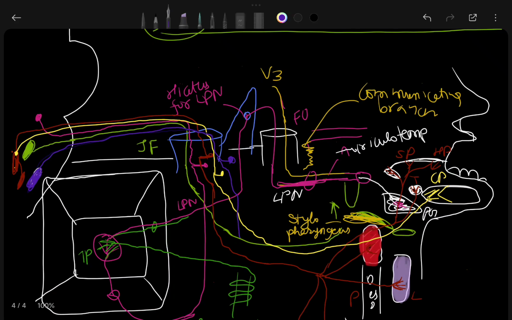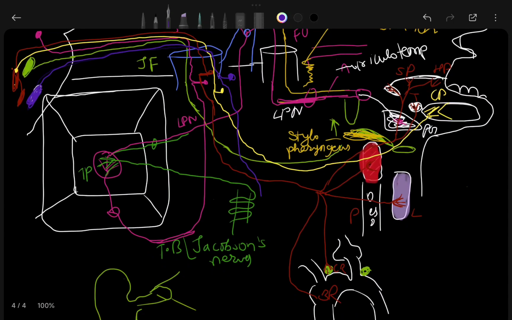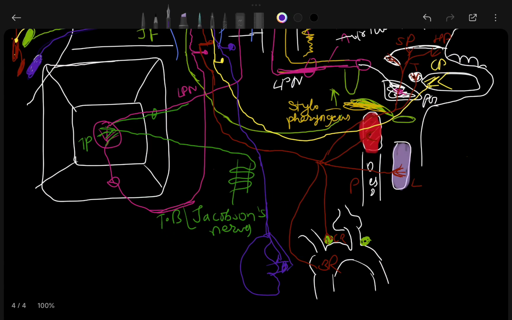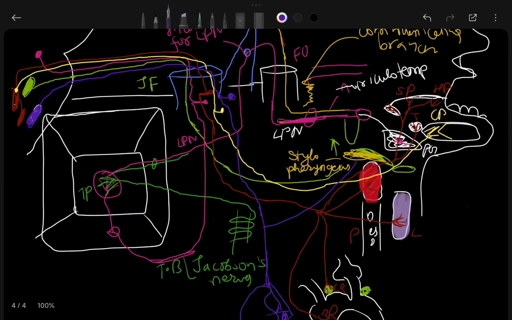They supply the external ear, auditory meatus, and the outer part of the eardrum. It may also receive proprioception from the stylopharyngeus muscle, and this general sensation relays in the superior ganglion, and then the central process goes to the spinal nucleus of the trigeminal nerve.